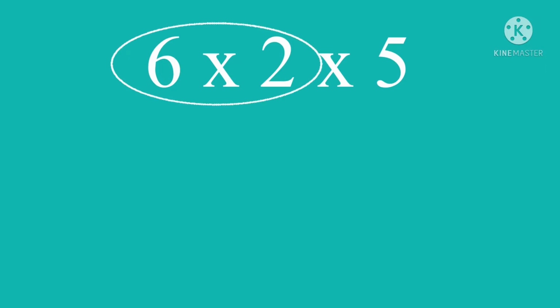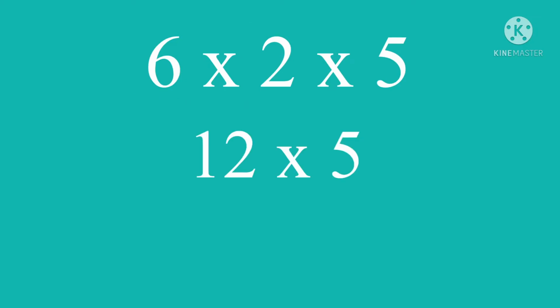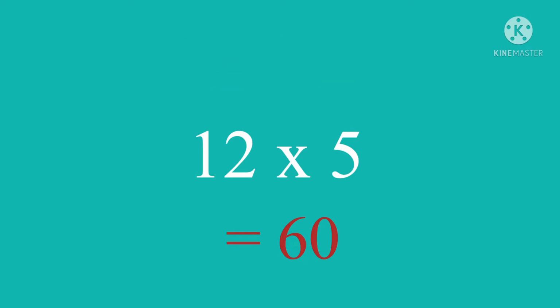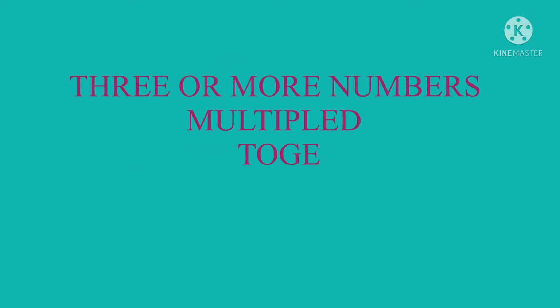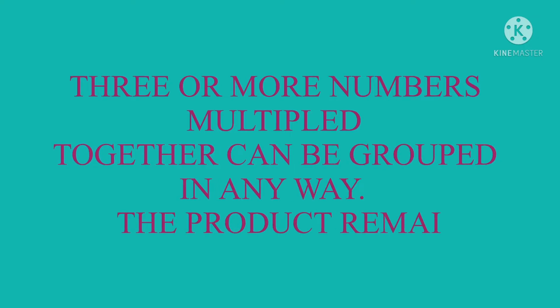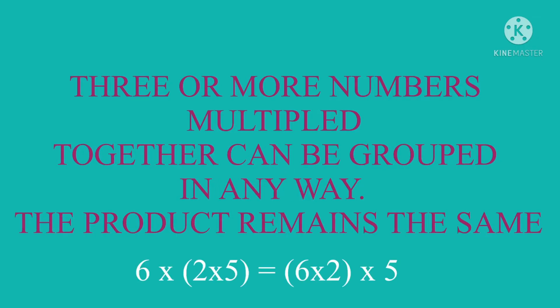Now 6 into 2 is equal to 12 and 12 multiplied by 5 is equal to 60. So in both the cases we can see that the answer is the same. So we can say that the second property is 3 or more numbers multiplied together can be grouped in any way and the product remains the same.